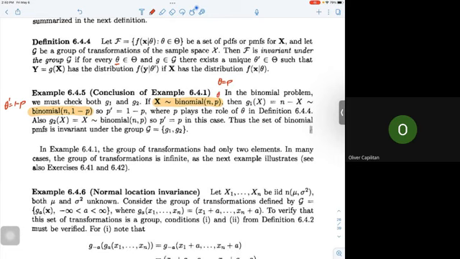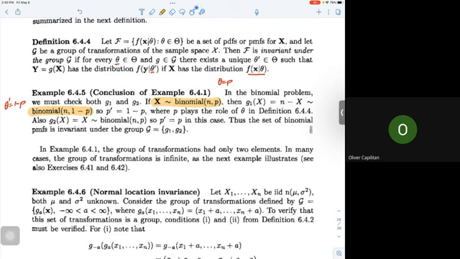Actually refers to this. And then the distribution of the transformation y, which is equal to g of x, ito yung kanyang theta prime. Kaya theta prime siya dito, 1 minus p. Okay? So the p prime is 1 minus p, where p plays the role of theta in definition 6.4.4.